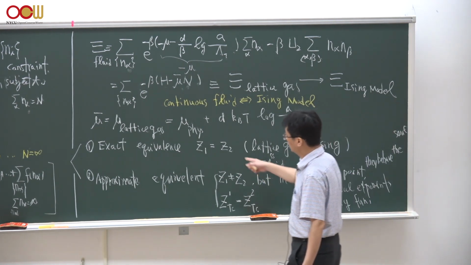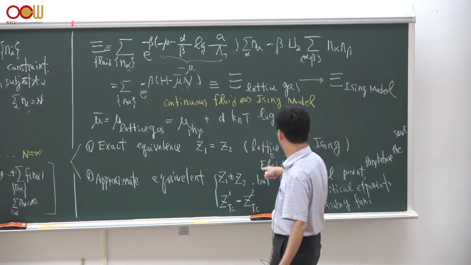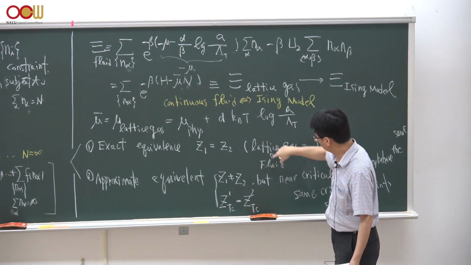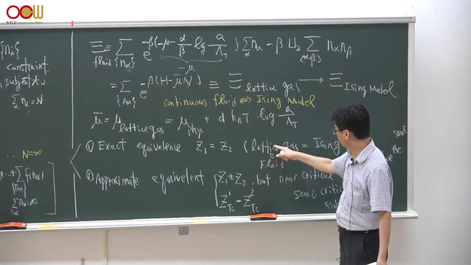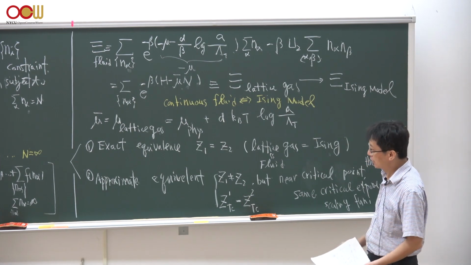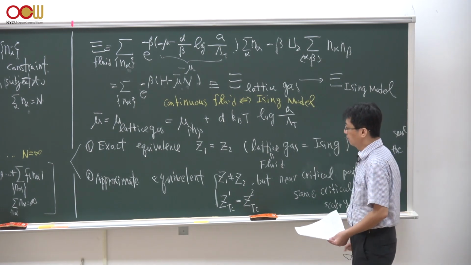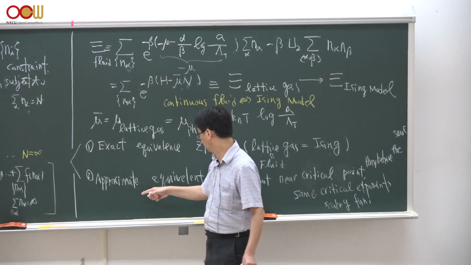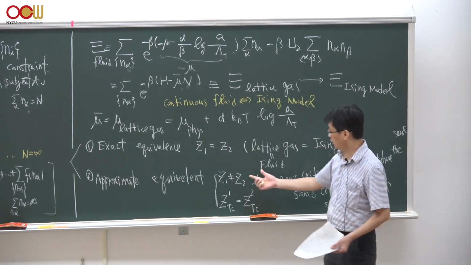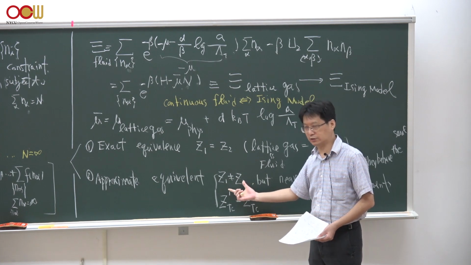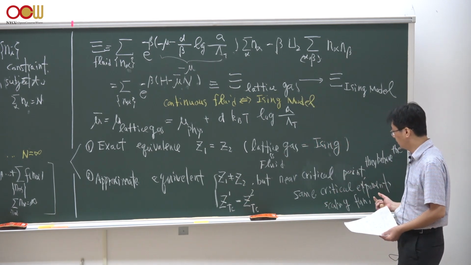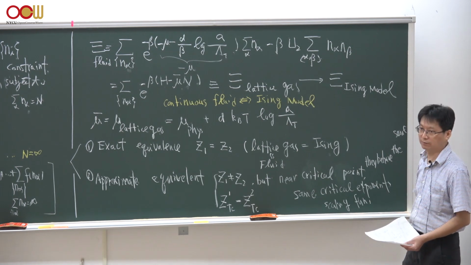But oftentimes we say that there is equivalence between the fluid and the Ising model, with just a side remark that when we map the fluid onto the lattice gas, we made the hard-core approximation, which is a reasonable approximation. But there's a second type of equivalence called approximate equivalence, namely these two partition functions between system 1 and system 2 are not identical, but near the critical point, they behave the same way.